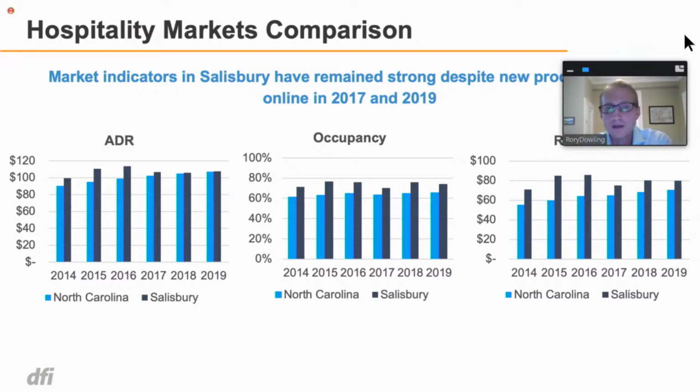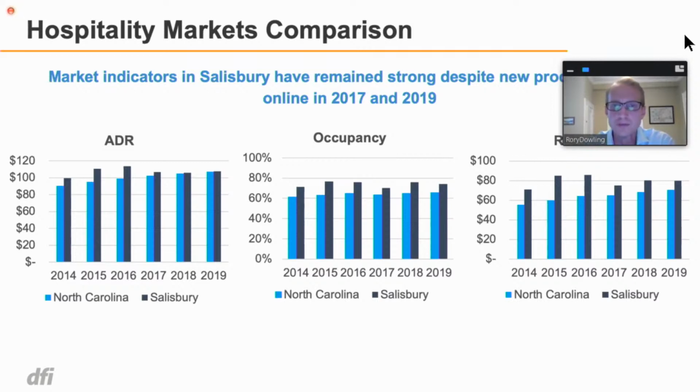As mentioned, the Salisbury market is performing extremely well compared to the rest of the state. What we're showing here are those 3 metrics: the average daily rate, or ADR, the occupancy, and the revenue per available room. What's interesting to note is that you all may be aware that you added a new hotel at the end of 2016, as well as 2018, and in both instances, you were able to absorb those new rooms, and the ADR and the occupancy still were able to come back and stay at a very healthy rate.